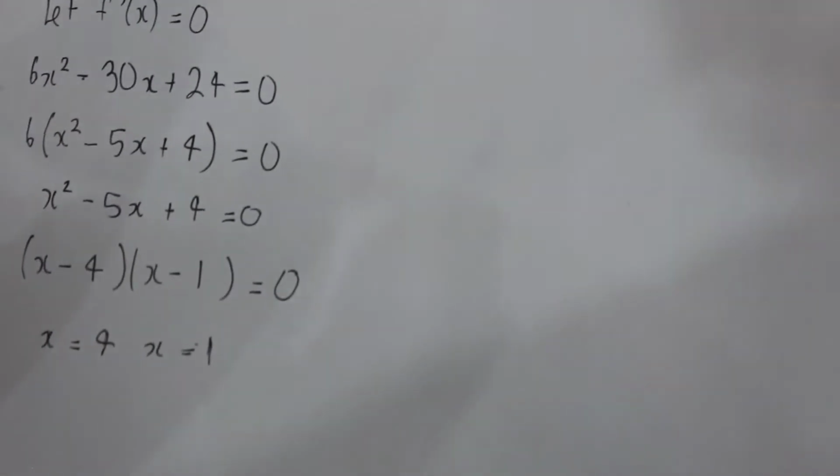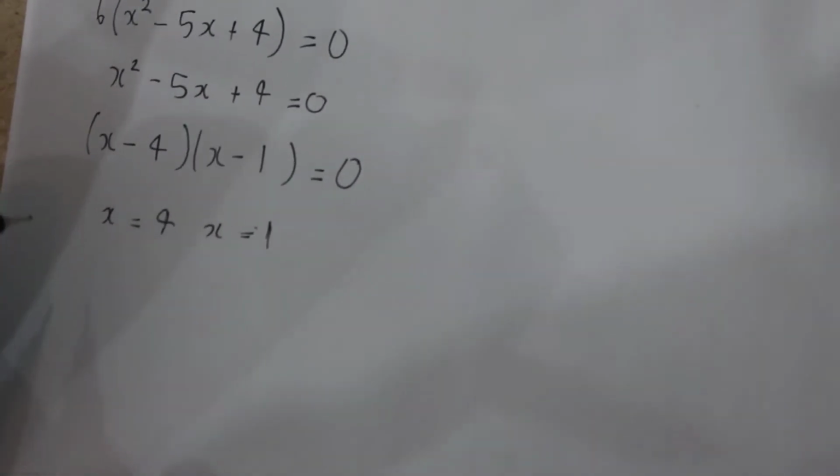To determine the nature of the stationary points, we need to sub in numbers on either side of the x components to see whether they are positive or negative.